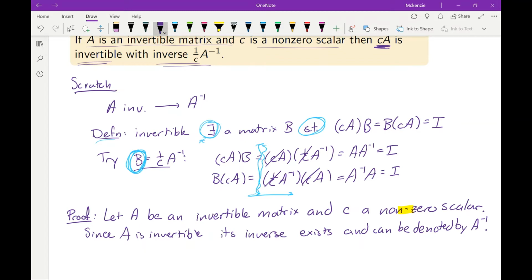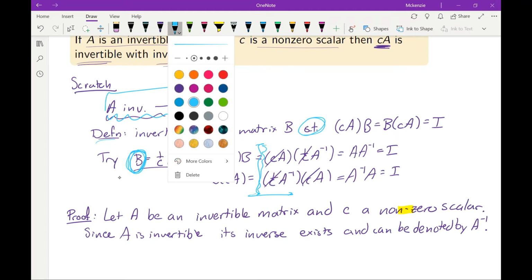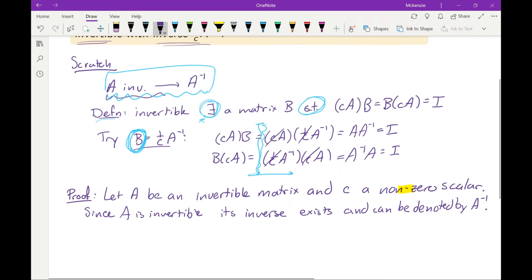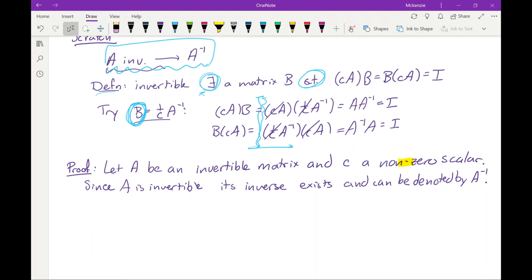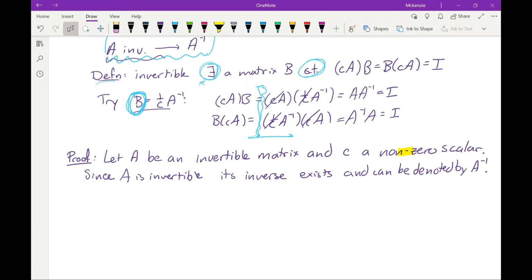So that is bringing up this very first part of our scratch work, that A invertible leads to A inverse. What should we do next? Should we tell the reader where we're going, or should we just keep going? Let's just go ahead.